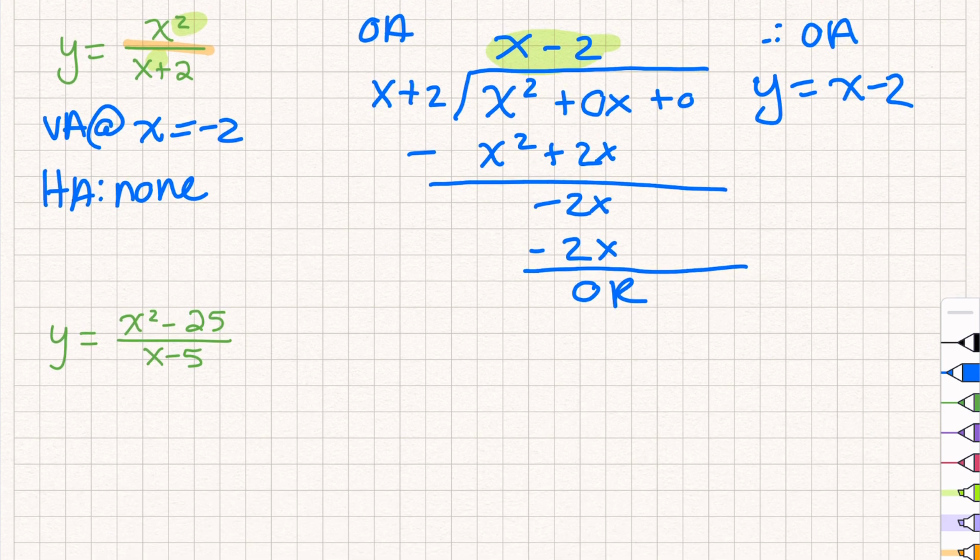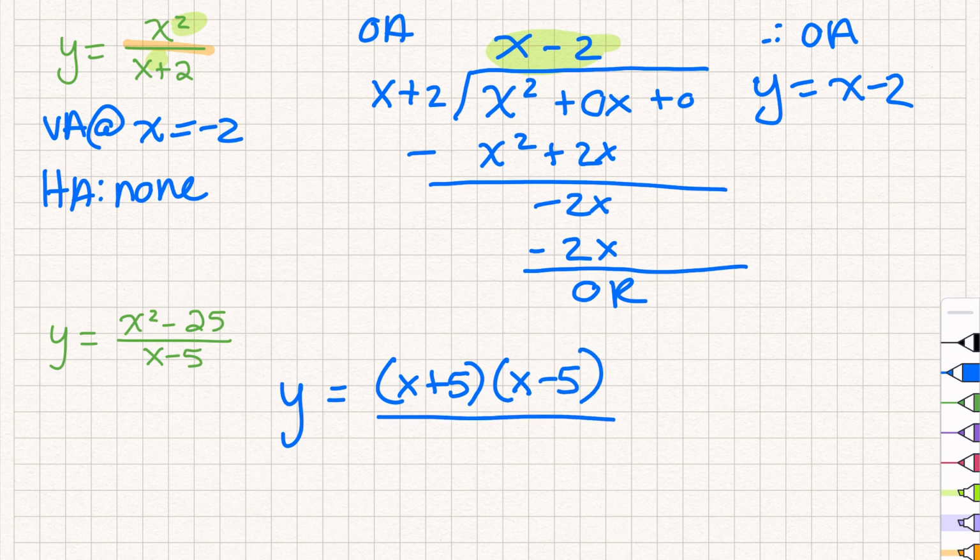Now what about for this next one? We have y equals (x squared minus 25) over (x minus 5). Well, let's see if we can factor this. Notice in the numerator we have a difference of squares. So we're going to have y equals (x plus 5)(x minus 5) over (x minus 5).